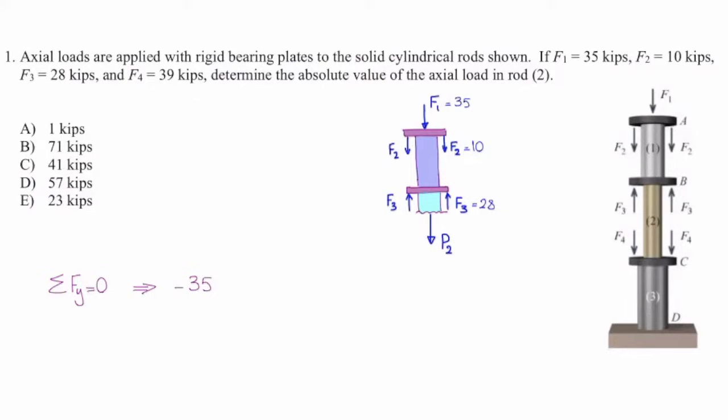I assume downward is negative. There are 2 times 10, again with negative sign, plus 2 times 28 minus P2 should be 0. If I solve that, that gives me P2 equal to 1 kips. So the answer of this question is A. Any questions for this? Clear?